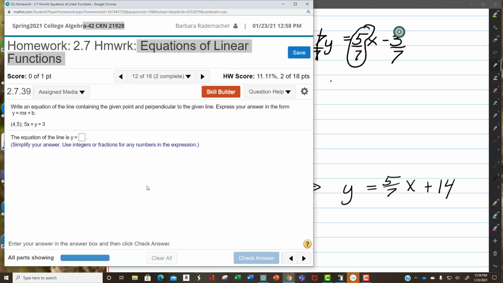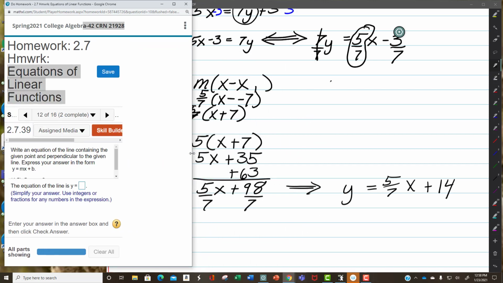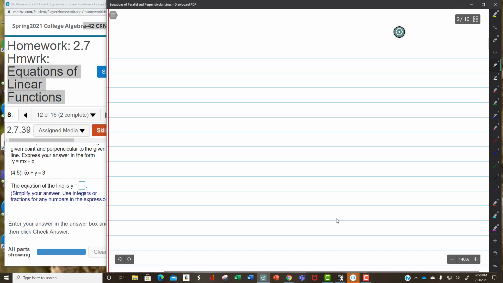Next problem, number 12. Perpendicular. Danger, danger. Okay, we go to a whole new page.